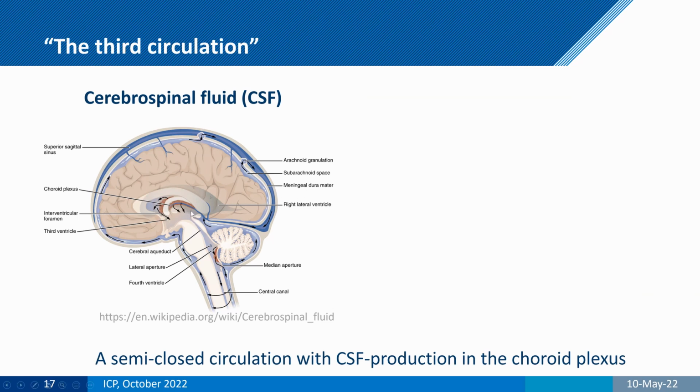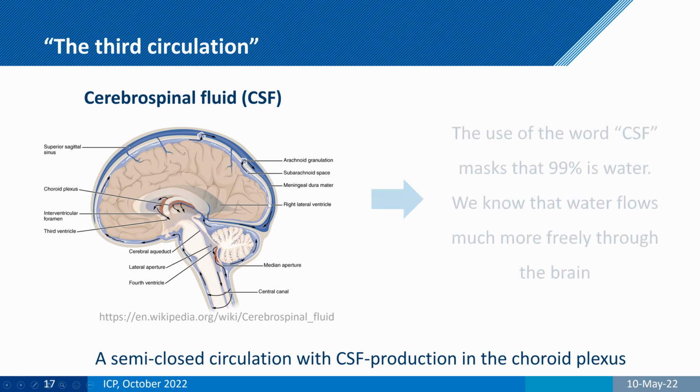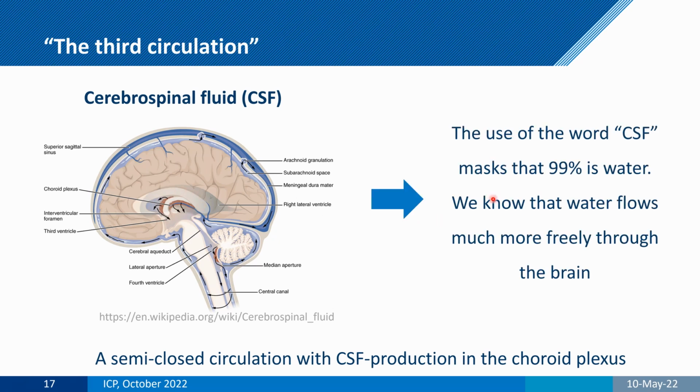Now, I personally don't really like this term CSF production, because if we think a little bit more about CSF, we know that 99% of the CSF is water. And we know that water flows more freely through the brain than just being formed in the choroid plexus. So let's see what we can image.